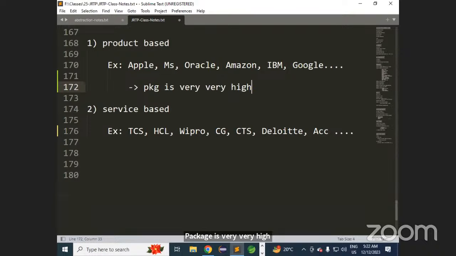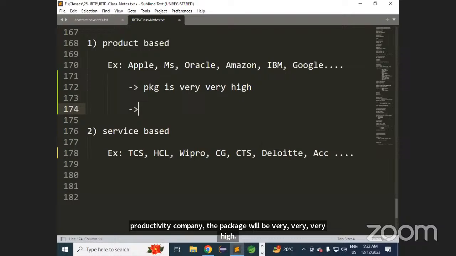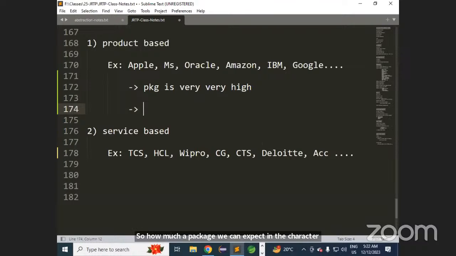When you get a job in a product-based company, the package will be very, very high. Sir, how much package can we expect in a product-based company? Years of experience multiplied by 6 to 7 lakhs.